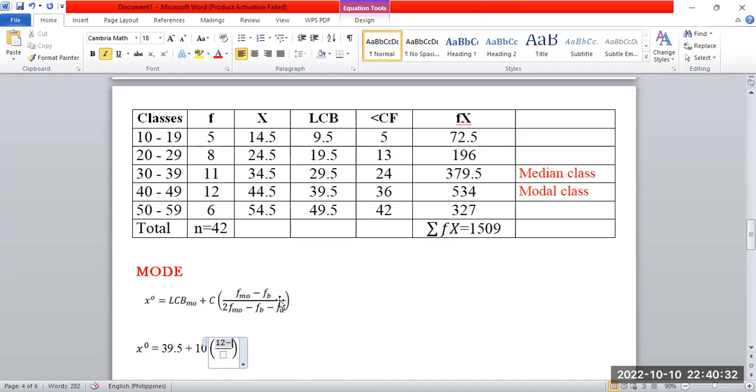The frequency before. Bago yung modal class natin. Our modal class, the frequency is 12. And before, bago si 12, which is 11. So before the modal class, we have 11. This is the FB, for the frequency before. Okay, so 12 minus 11.